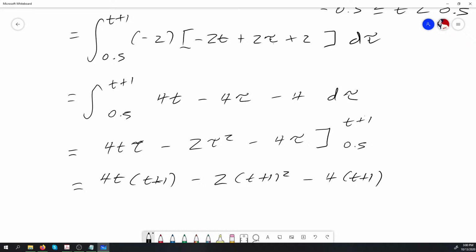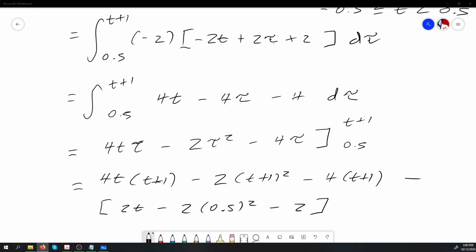And then we'll have minus, substituting for tau here, so this will become 2t minus 2 into 0.5 squared minus 2, and we're going to have to use a calculator here at this point. Bring this up here.